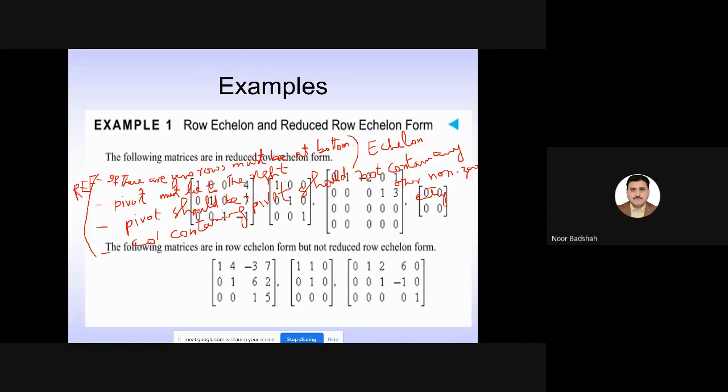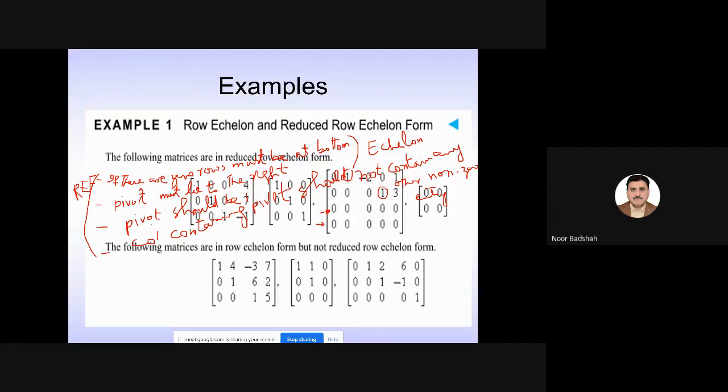So if you look into this matrix, we are having two zero rows and they are at the bottom. This is the first pivot, this is the second pivot, which is lying to the right of the first one, so it is in echelon form.